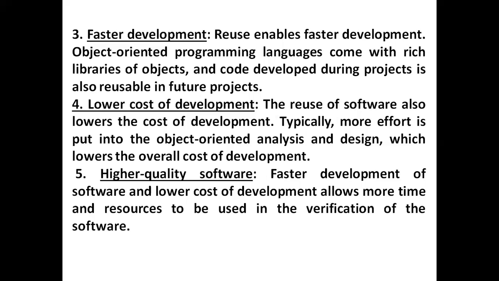Now high quality software means faster development of software, because the development is fast and cost is low, the quality will be increased. If some money is required for quality, you can give the money for good quality, and you can use your resources in the verification of the software.